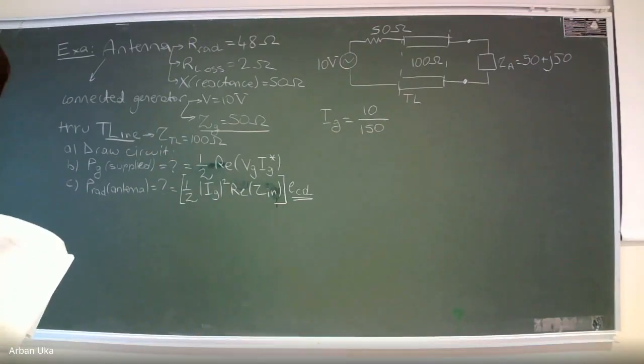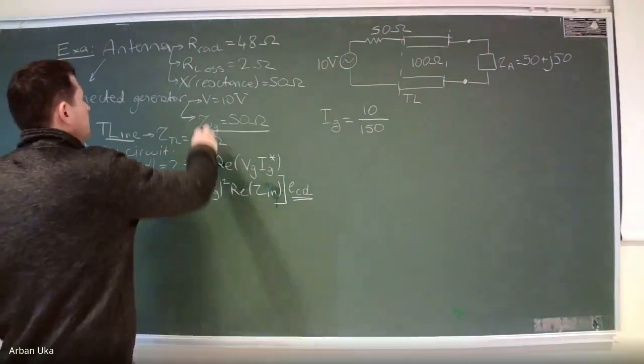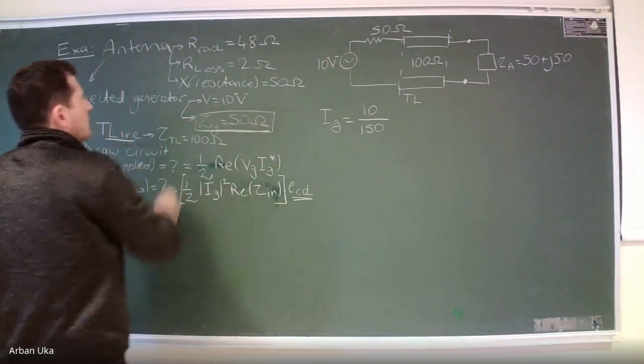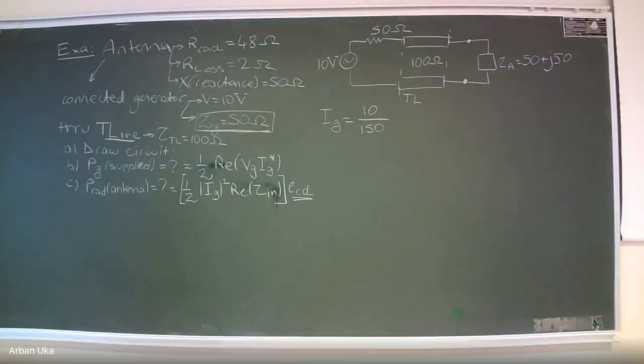And here, let's see for a moment, we have 150 plus J50. The generator has this impedance. So here we have the total loss.